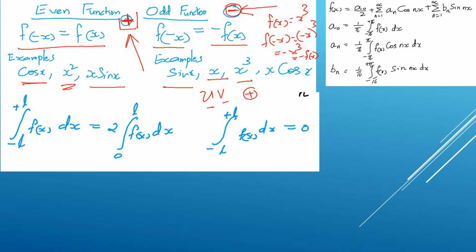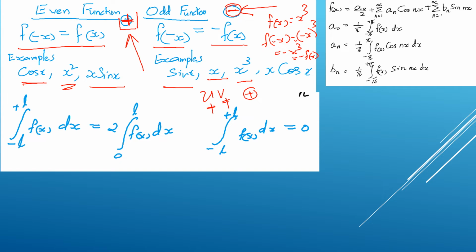Similarly, if u is even, assign plus, and v is also even, assign plus. Plus into plus gives plus, and plus stands for even. So the product of two even functions is also even.